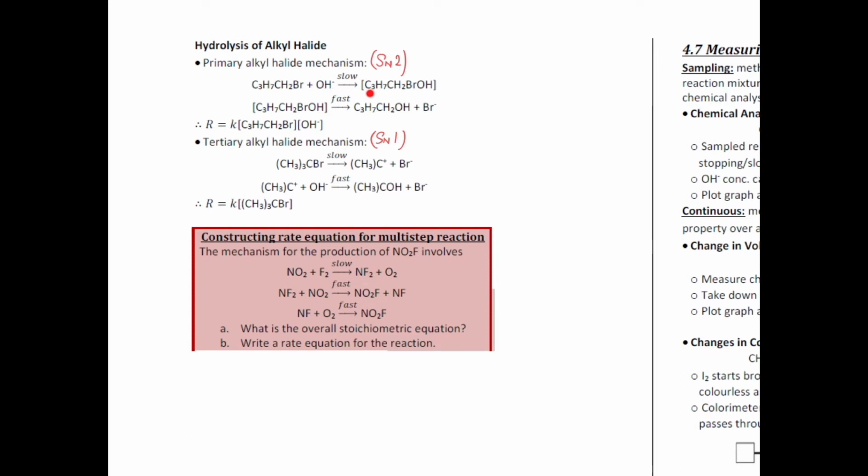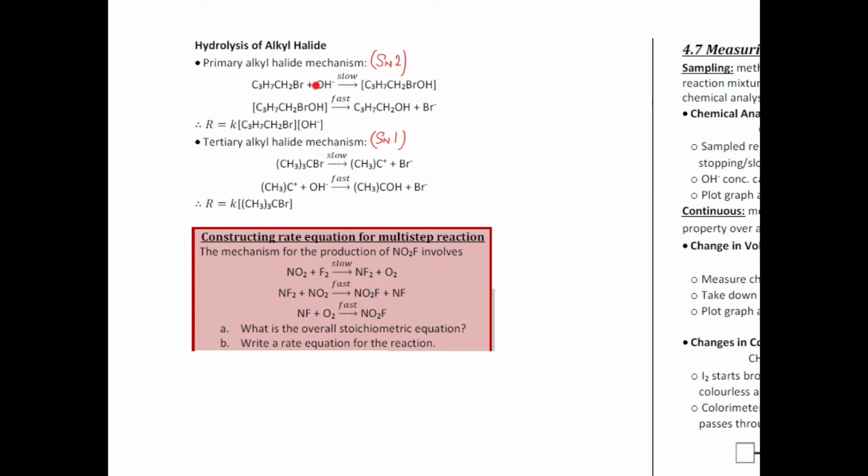Then they form a pentavalent transition species, temporarily, and then they quickly kick out the Br, and then they form butanol, and the bromide comes out. So this is the slow step, and this is the fast one.